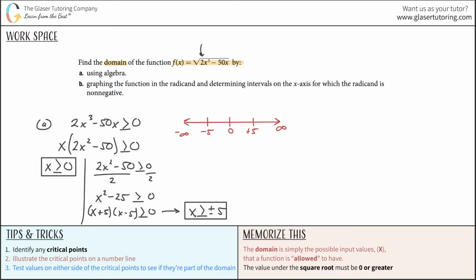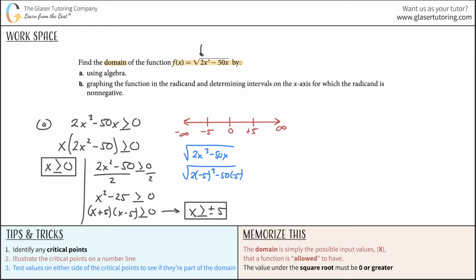My next test would actually be -5 itself. So we can test that same radical, 2x cubed minus 50x. Plug in -5: 2 times -5 cubed minus 50 times -5.